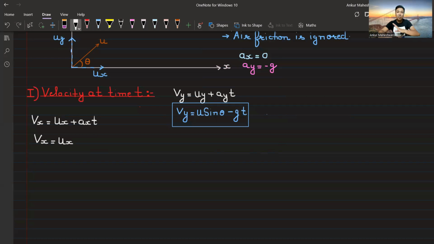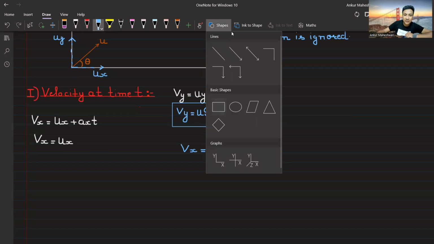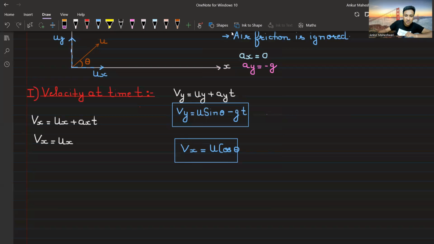That means the x component will never change in a projectile motion. So therefore, Vx becomes U cos theta. Okay. So Vy will be U sine theta minus gt and Vx will be U cos theta.